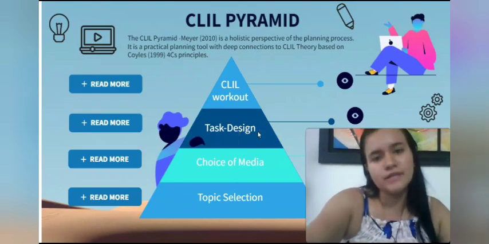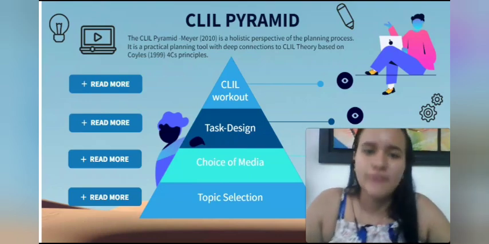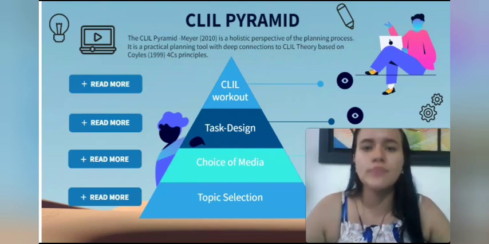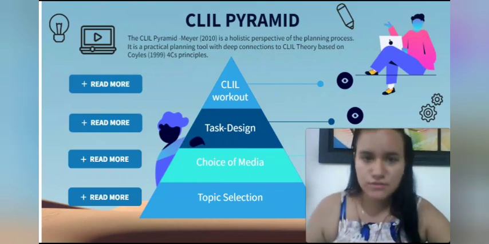CLIL pyramid. The CLIL pyramid is an important tool to organize our content and design quality process which allows the effective development of the educational relationship in optimal conditions.